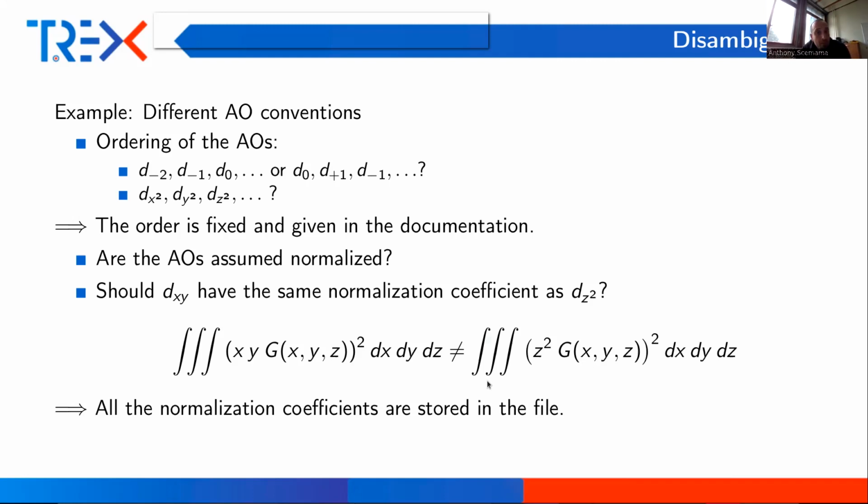Some codes decide that the normalization is this one, and some other codes decide that the normalization of all the d functions is the normalization of dz squared. So it depends, and when you don't know the code, you don't know the convention. What we want is that when you read the file, you don't need to know what code has produced the file. So here we put inside the file the possibility to store the normalization coefficients, such that you just read them and you're done.